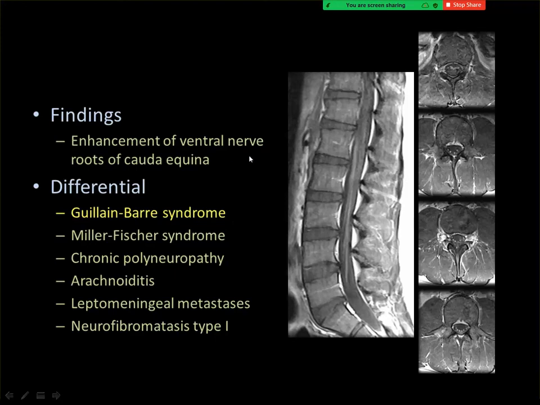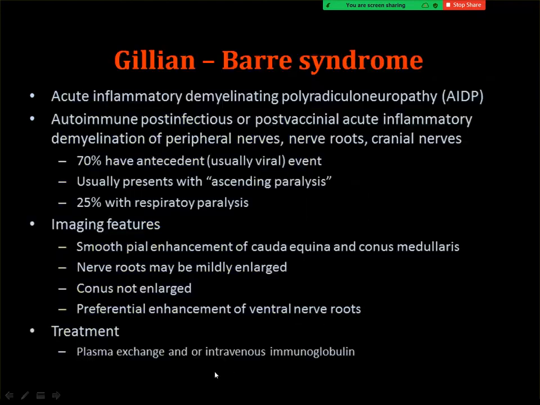Enhancement of the nerve roots has these differential diagnoses, including arachnoiditis, leptomeningeal metastasis, neurofibromatosis, but the individual nerve roots are seen within the thecal sac. They are not involved by masses to suspect the possibility of neurofibroma, and this is Guillain-Barré syndrome.